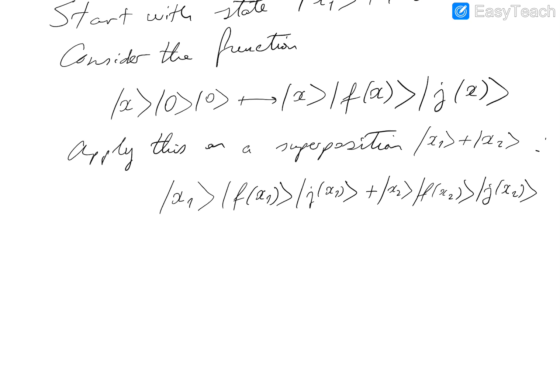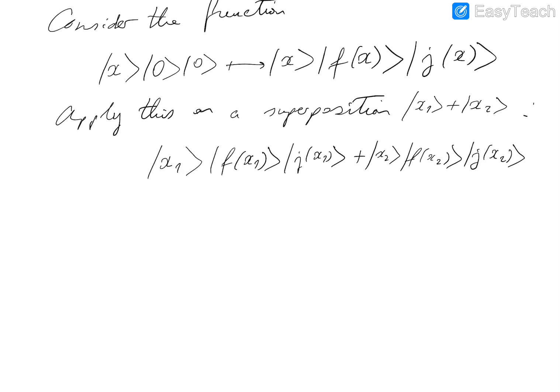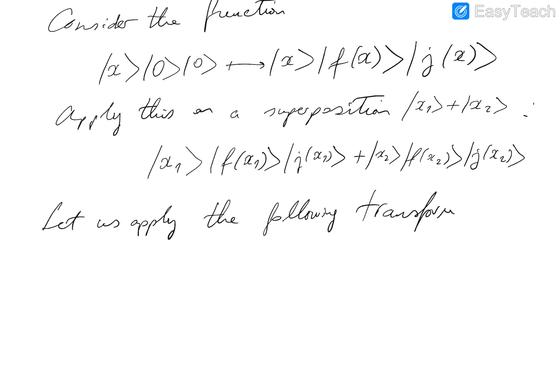Alright, so now let's apply the following transformation. There are some similar transformations in quantum computing. We will see these when we talk about quantum gates. So let's apply the following transformation.